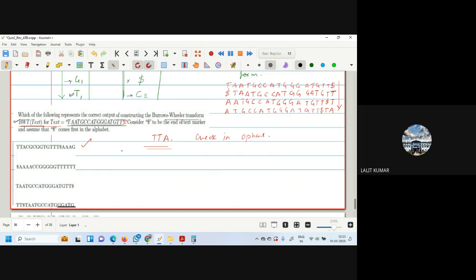When you do the Burrows-Wheeler transformation, you know that in the starting you have to sort alphabetically, starting from dollar. So first will be dollar TAAT, and if I take the dollar here, last will come T.